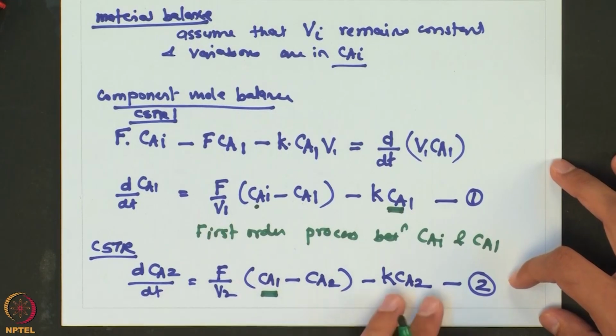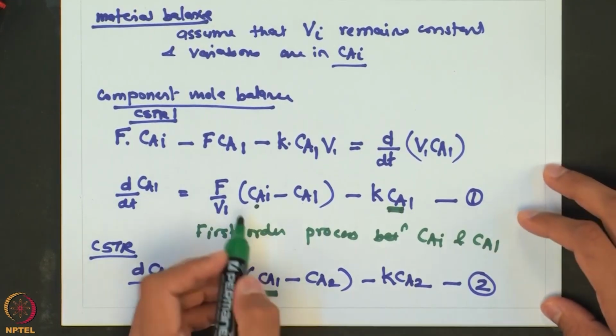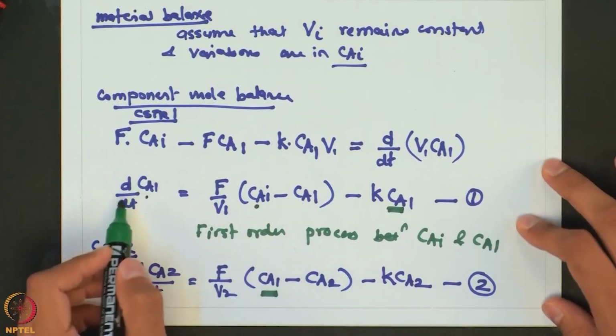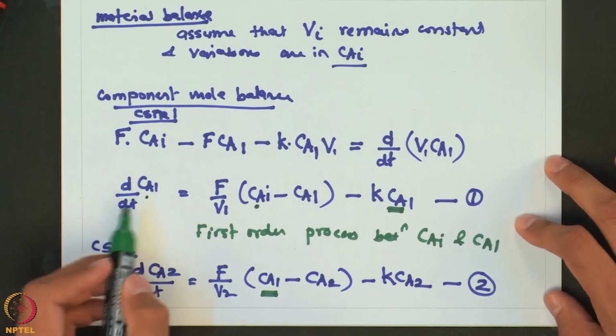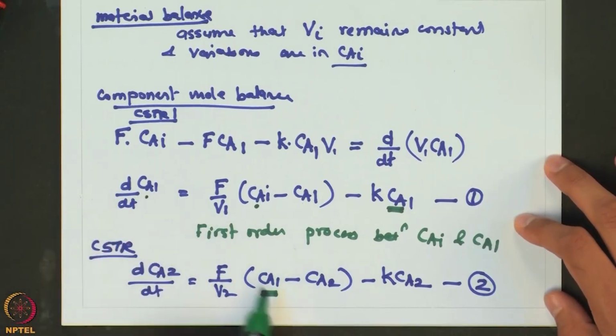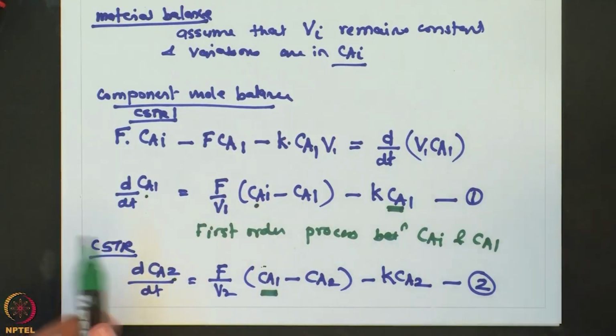So, CAI is not going to directly affect the concentration of the second CSTR. Whenever you change CAI, it is going to first change CA1. It affects the first tank directly, causing changes in CA1, and those changes in CA1 are now going to drive the changes in CA2. That is how it is a series connection between two first order capacities.